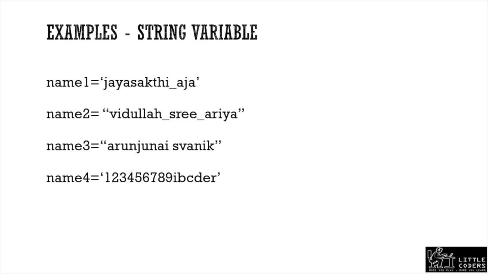And name 4, I have given numeric characters 1 to 9, then A, B, C, D, E, R. Then the value of name 4 is these non-numeric values. Even though numeric characters are used, it will be stored as a string. It cannot be used for calculation.